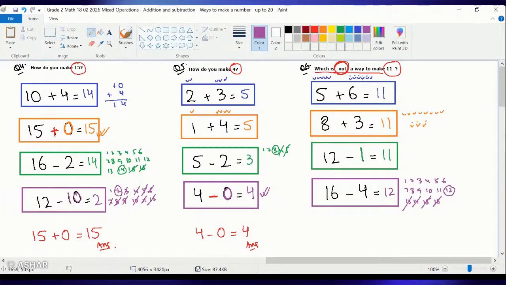So what we can say is 16 minus 4 is equal to 12, which is not equal to 11. Agreed? That means this option is the answer. Option number 4 is your correct answer because it is not equal to 11.